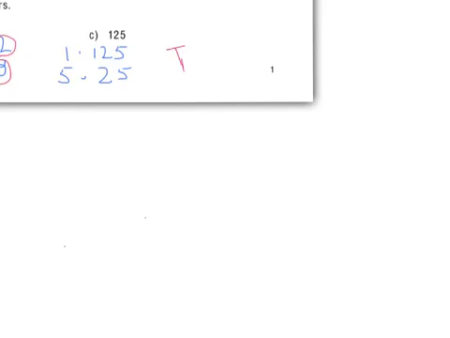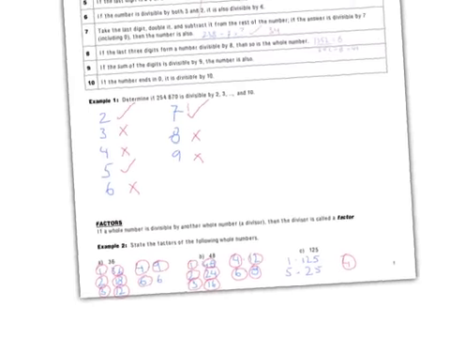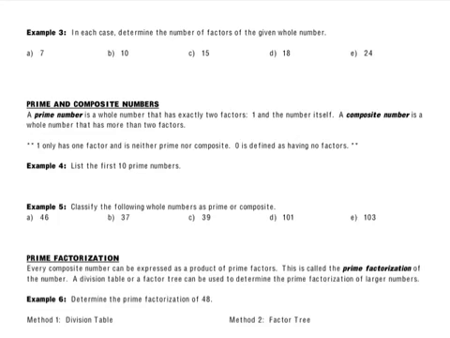Okay, moving on. Let's zoom out of here. Whoops, there we go. So that's kind of the first little section. Let's move on to the next. Okay, example number 3. It says, in each case, determine the number of factors of the given whole number. Well, we kind of did that in the previous example.